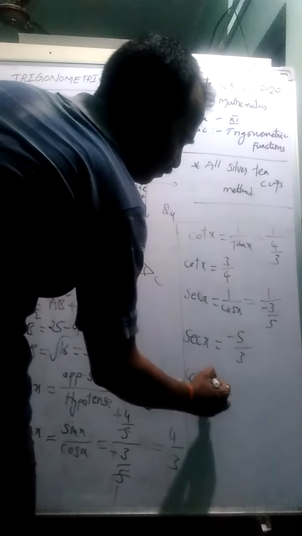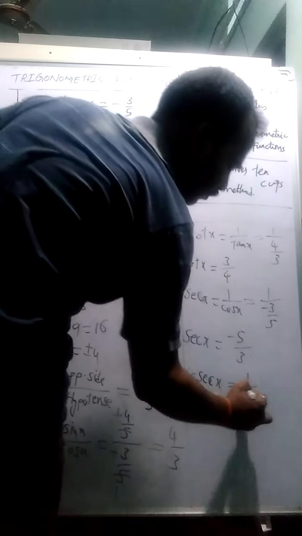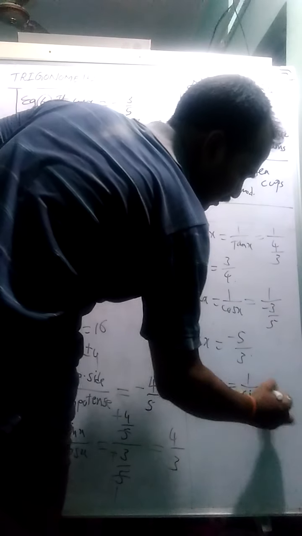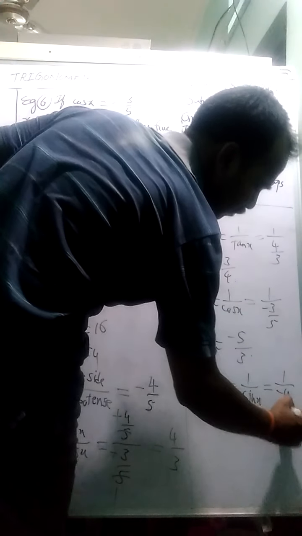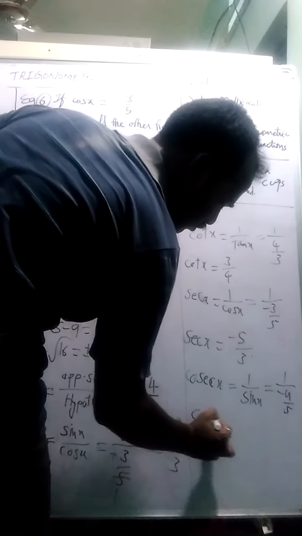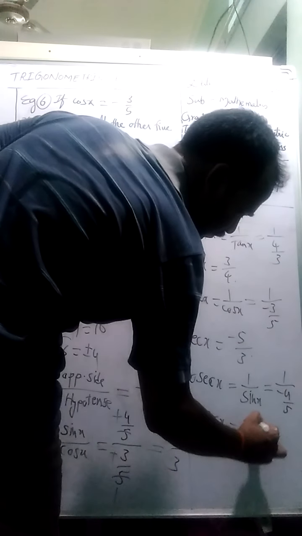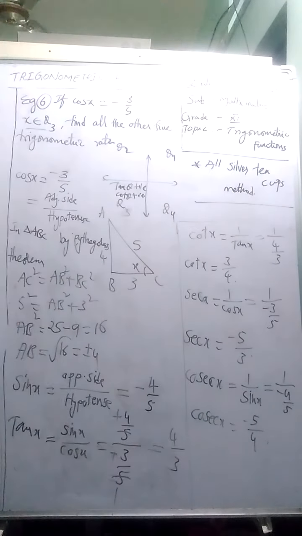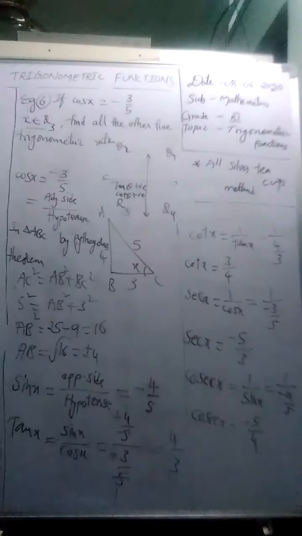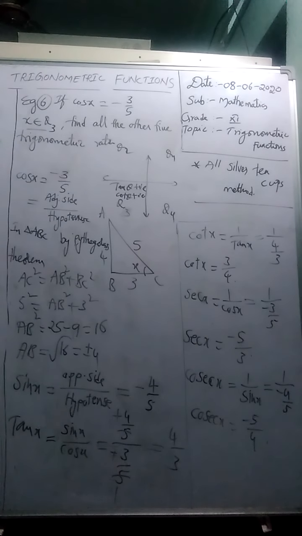Now finally, cosecant x equals 1 by sin x, that is 1 by minus 4 by 5, so cosecant x equals minus 5 by 4. We have all 6 trigonometric ratios as per the problem. Except tan and cot, the rest will be negative because x belongs to Q3. This is the process to solve the problem.